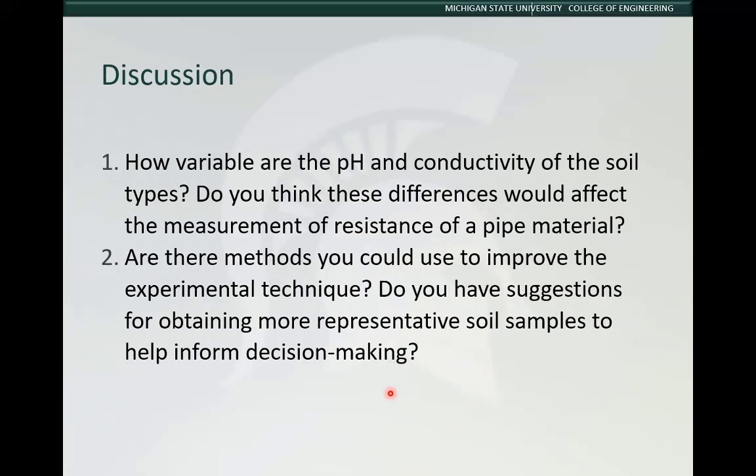So think about how variable are the pH and conductivity of the soil types that you have looked at. Do you think these differences would affect the measurement of resistance of a pipe material? And are there methods that you could use to improve the experimental technique?